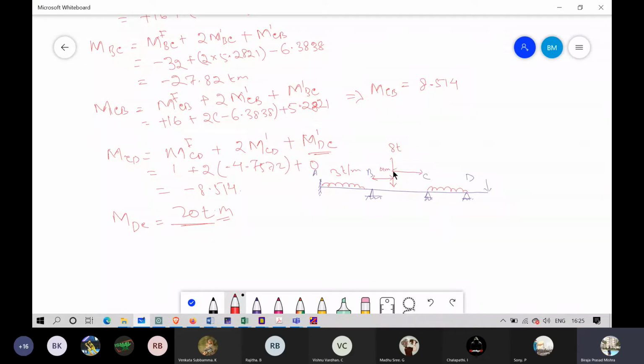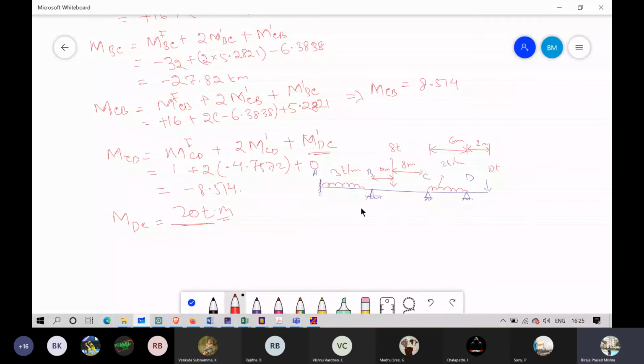This one is 8 meters, and the magnitude of this one is 2 ton per meter, with a length of 6 meters. Here it is 10 tons, and the distance is 2 meters. Let us draw the bending moment diagram for this one. Please help me with this, guys.